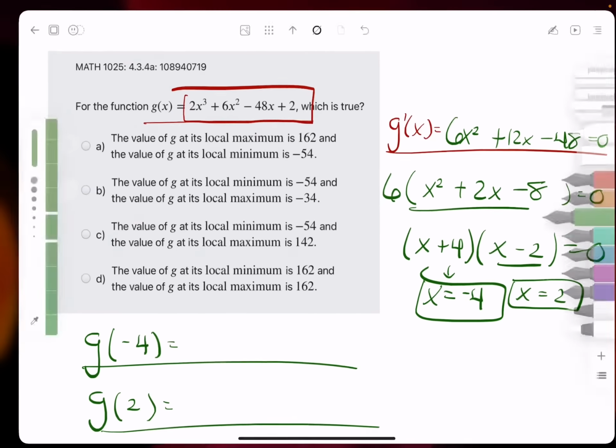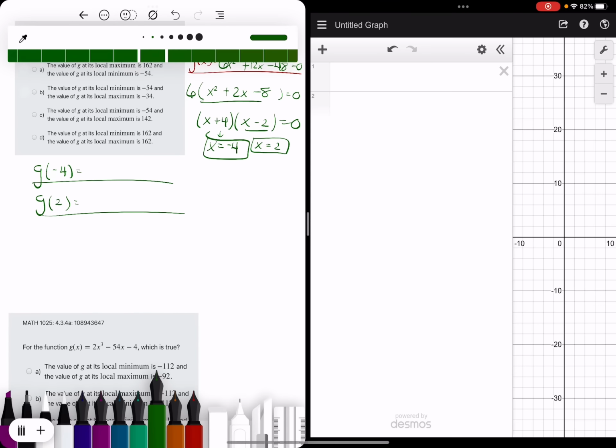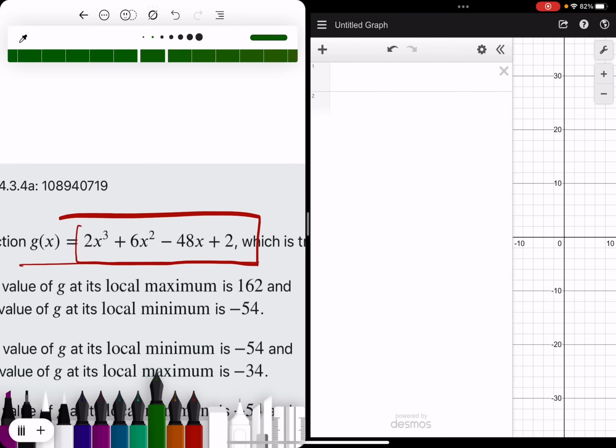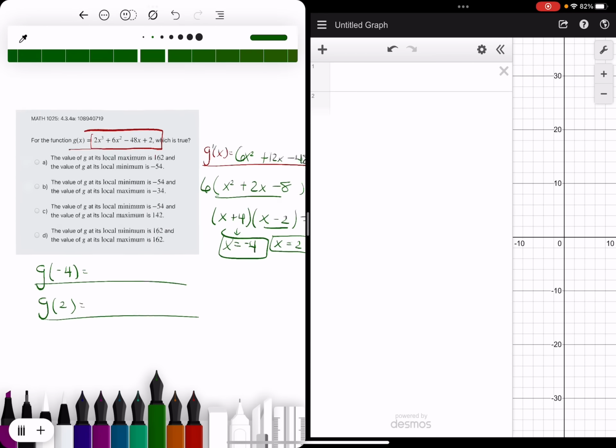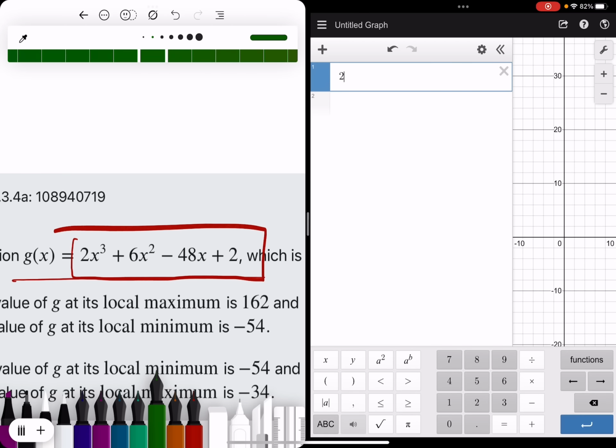Whoops. All right, let's try that again. So we are plugging negative 4 into this original function. 2 times negative 4 cubed plus 6 times negative 4 squared minus 48 times negative 4, plus 2. Oh, I'm sorry, that should be negative.